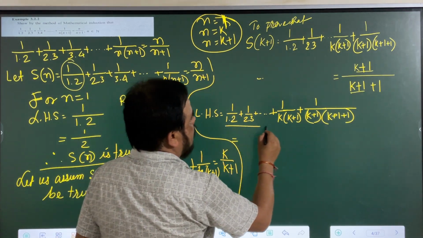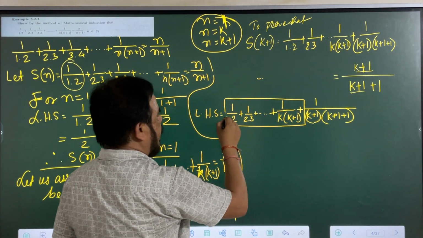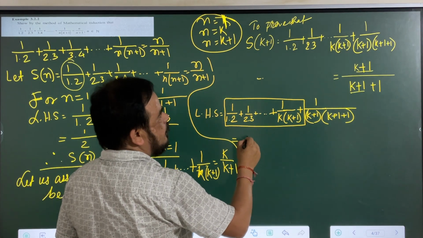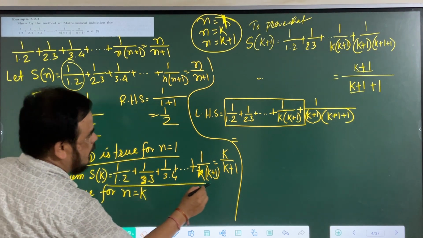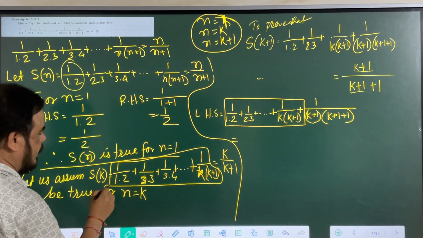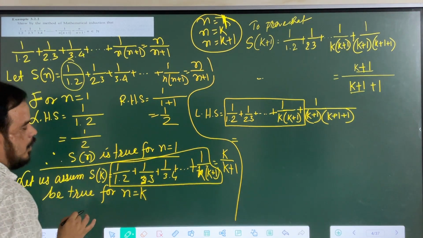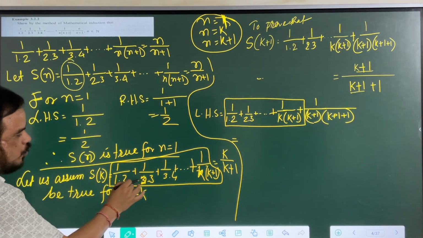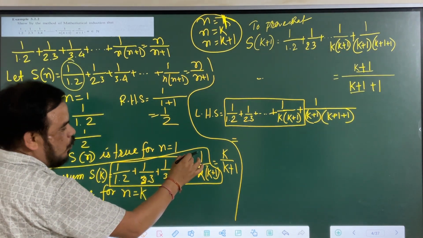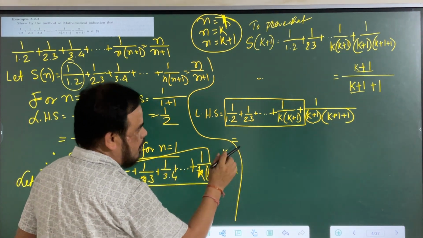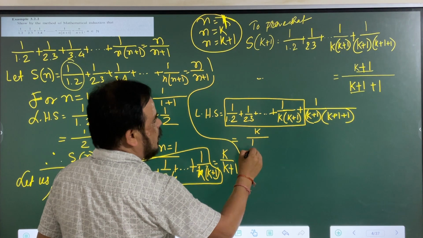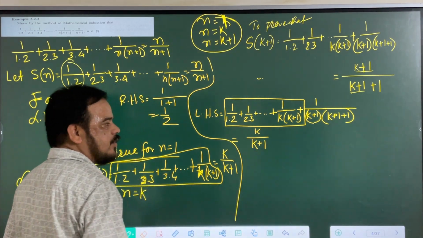Now here to here, what can be written? Look here. Here to here equals how much? k by k plus 1. 1 by 1 into 2 plus 1 by 2 into 3 and so on plus 1 by k into k plus 1, how much? k by k plus 1. Just putting the value, nothing else.